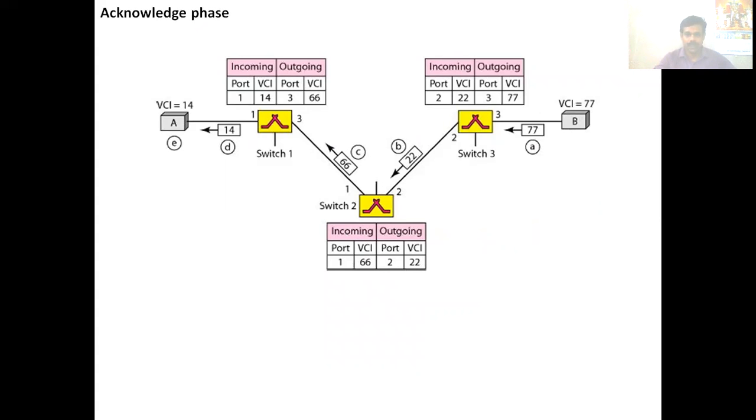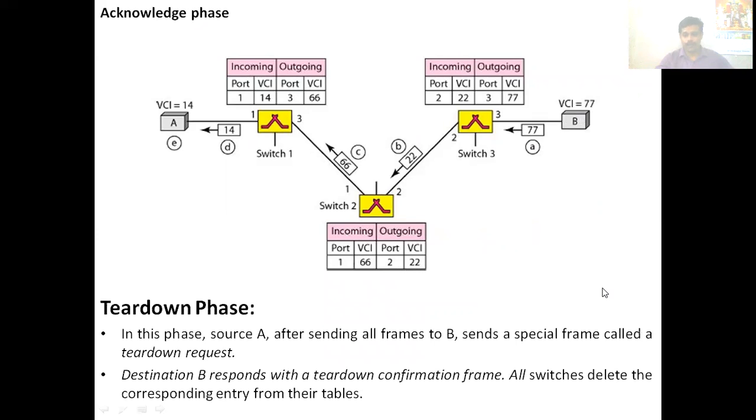Now, tear down phase. In the tear down phase, the source A, after sending all the frames to B, will send a special frame called tear down request. Tear down request means please end the connection.